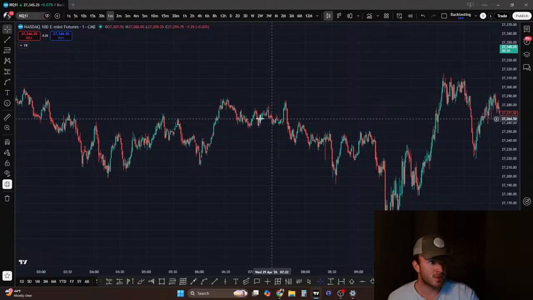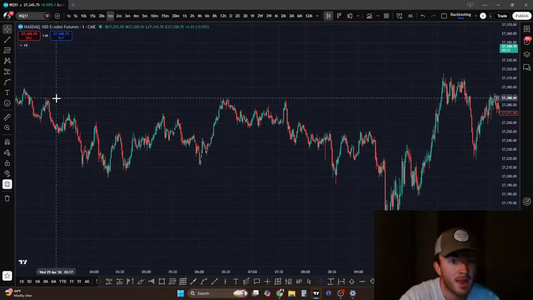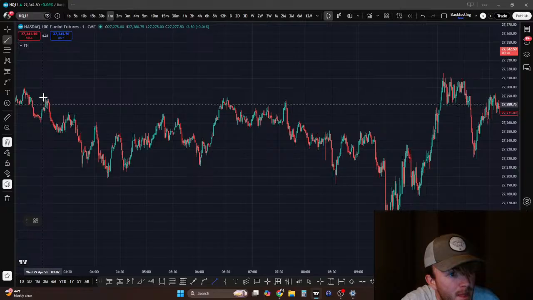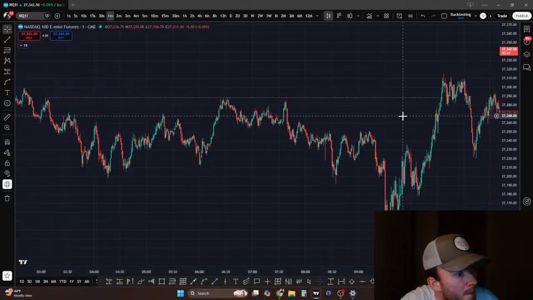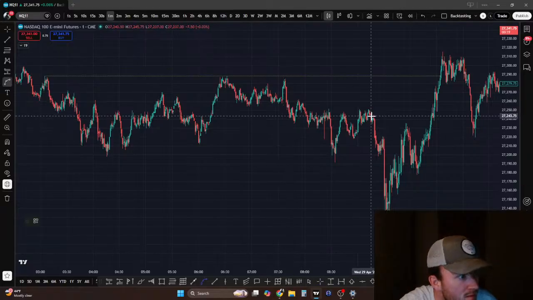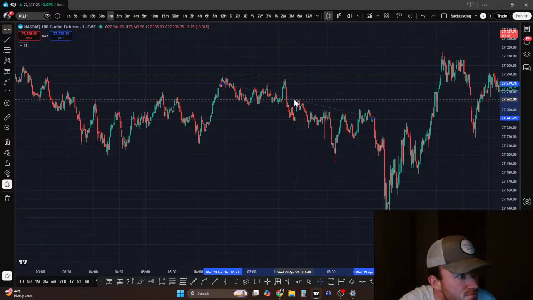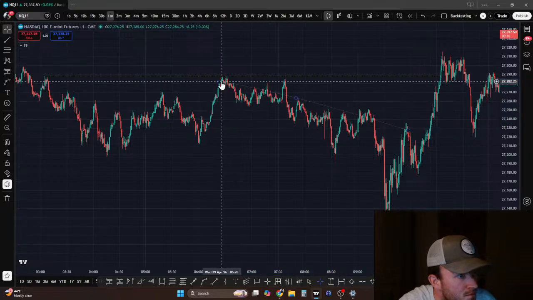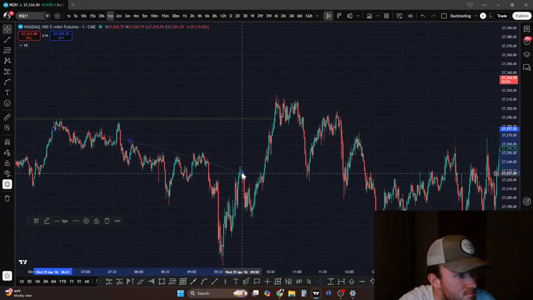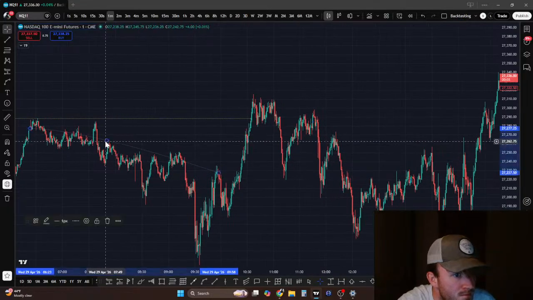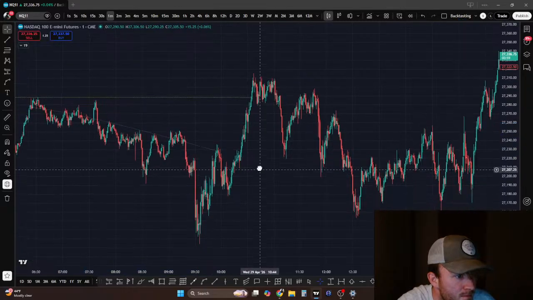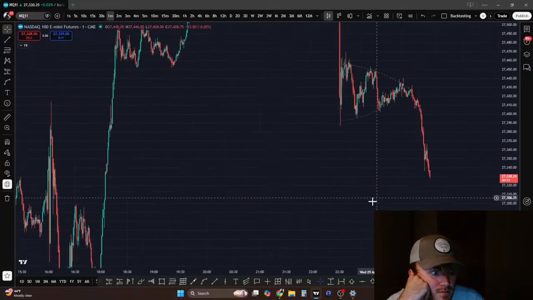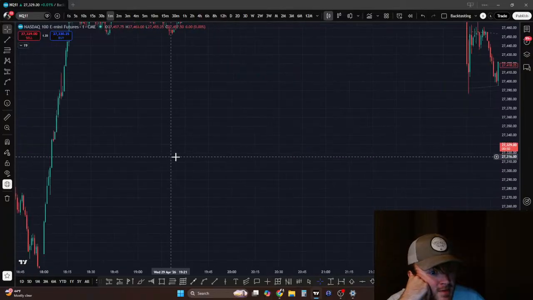And obviously these were all low resistant highs with equal highs up here. I told you this was probably going to play out, this outside bar.